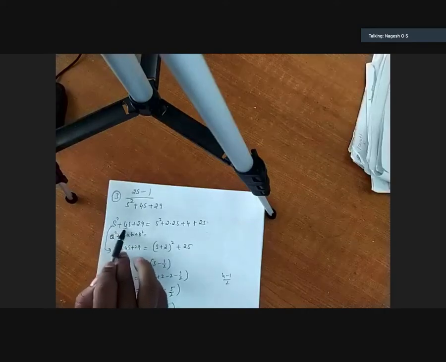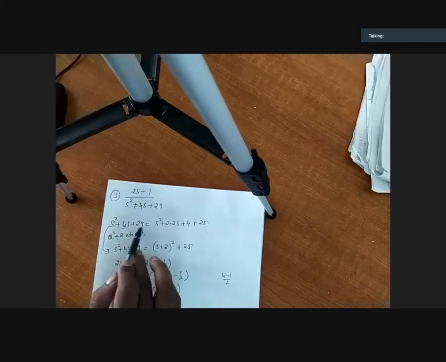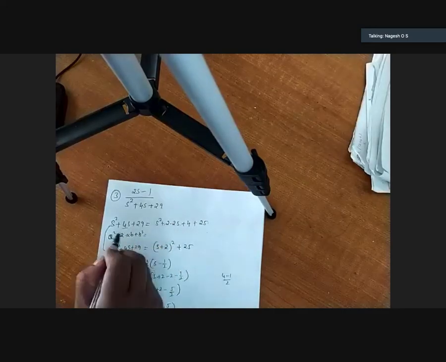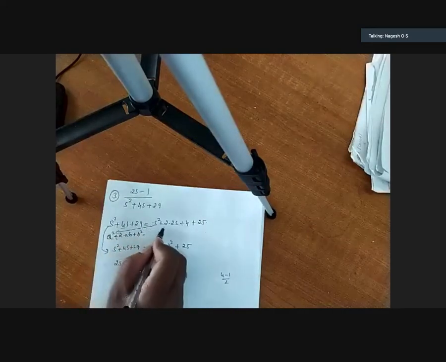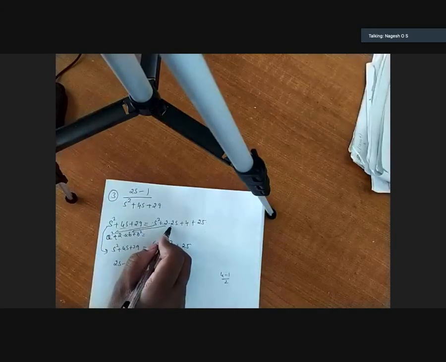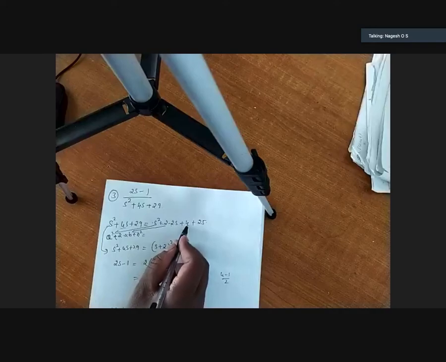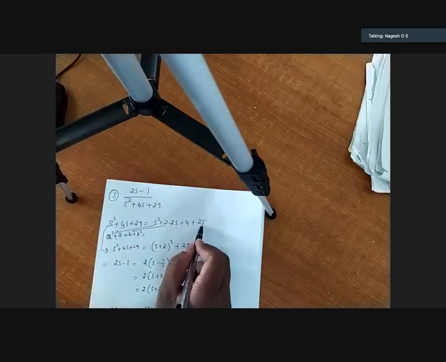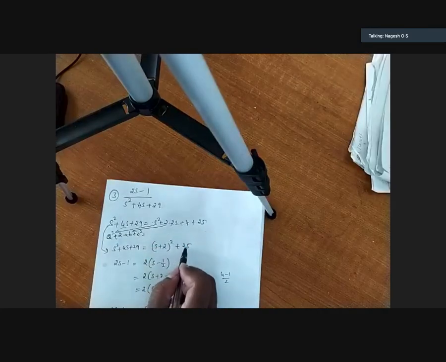So this will become 2 into 2s plus we need 4. Why? What is the value of b? If you compare this term with this, a square is there. In place of b, you have 2. Therefore, b square means 2 square. Plus, to get 29, you should add 25. So this will be (s plus 2) whole square plus 25.